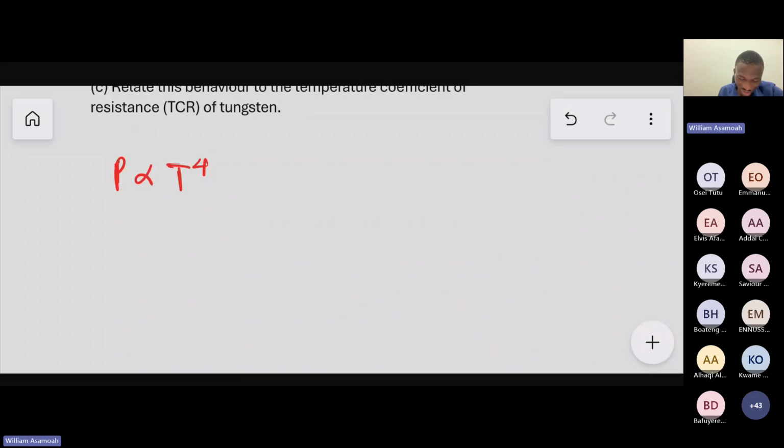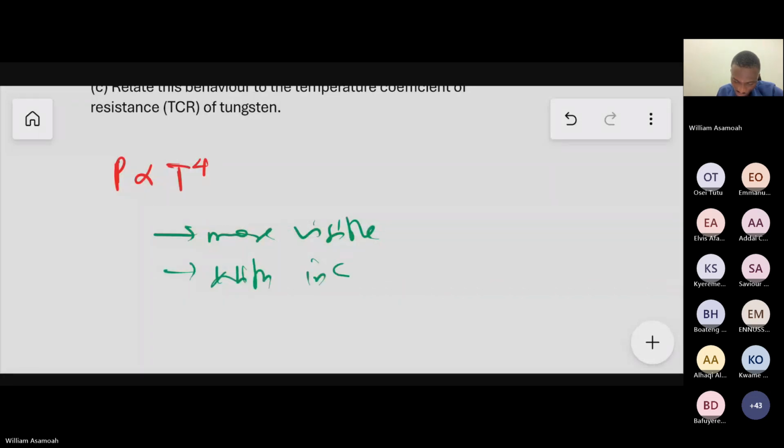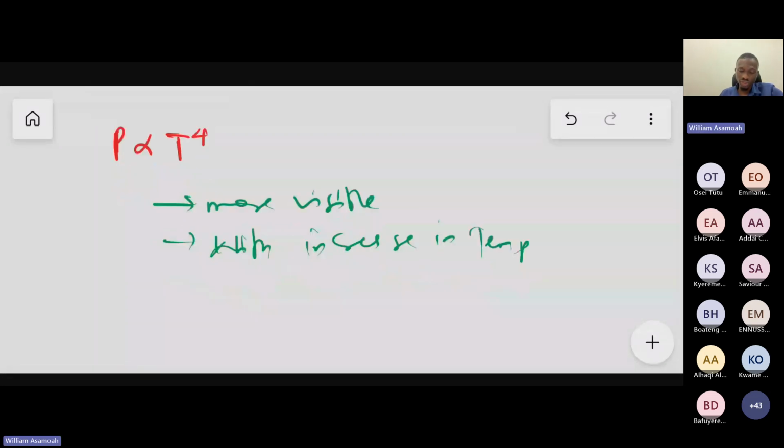Right now, as the temperature increases, the waveform becomes more visible with temperature increase. Please, you understand? So if temperature increases, then it becomes more visible. That is how come you don't see the radiations coming from an ice block. But that's also how come we can use a camera.